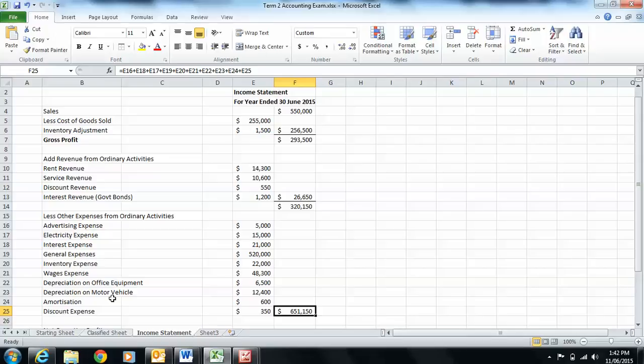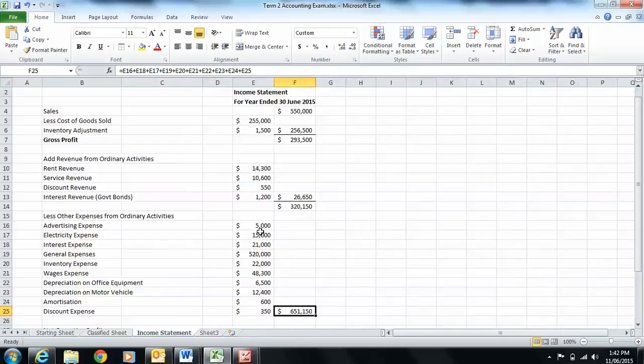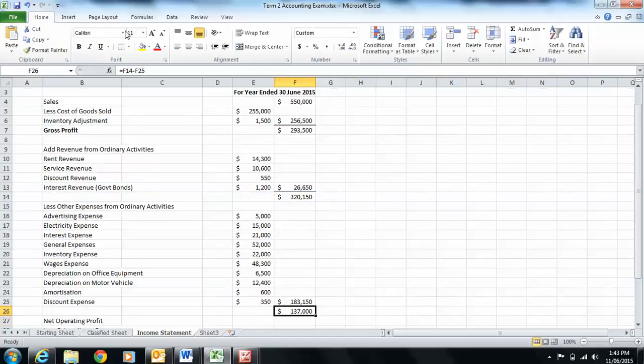Now that doesn't look right, and the reason it's out is general expenses, which I think I've put an extra 0 in. So if we check our general expenses here, $52,000 is what that should be. So if we change that to $52,000, we get $183,100. So now what we want to do is take our total here and find out, when we take away all our expenses, what do we end up with. And that's our net operating profit.